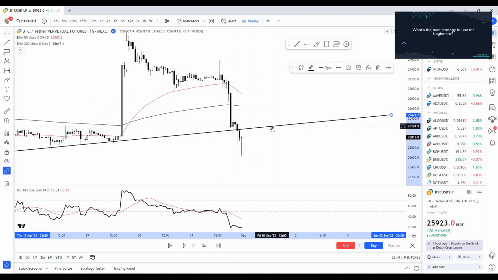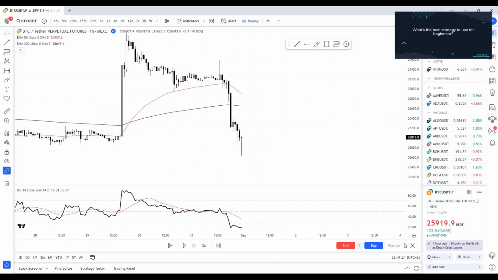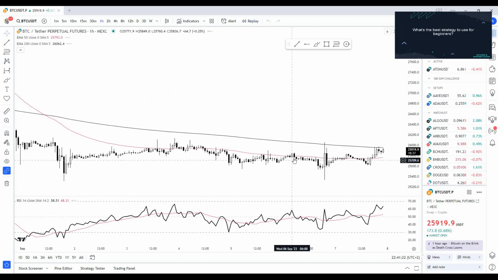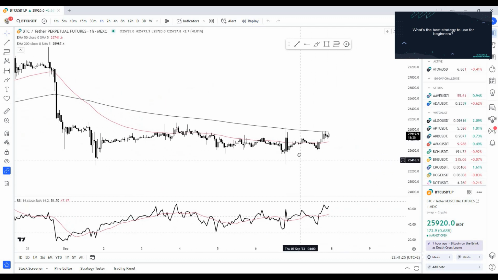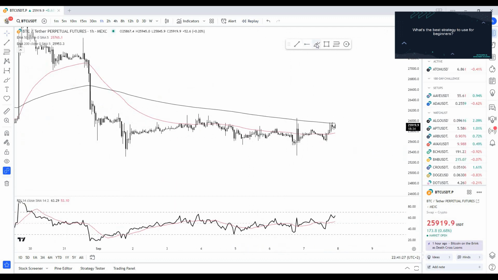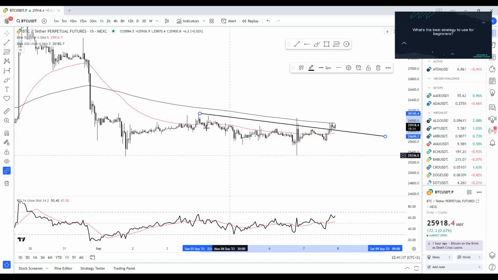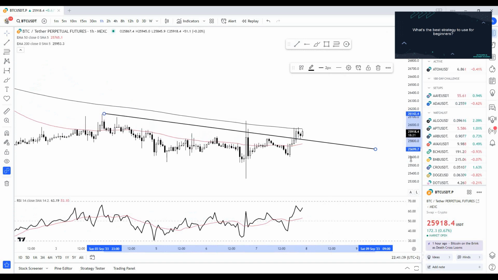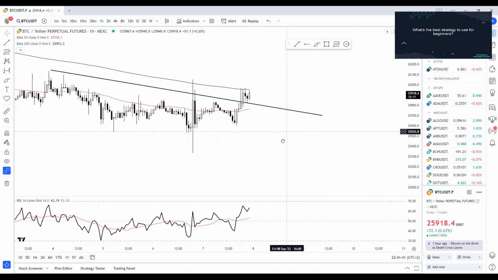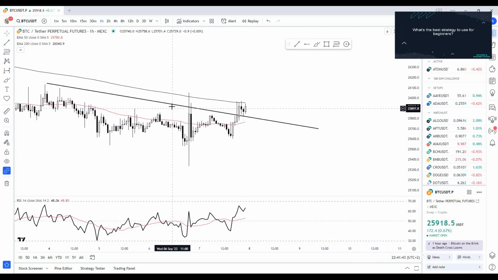So I'll have a look at a good example. Let's say I have this trend line here. This is just for example purposes, because this is not a good trend line.